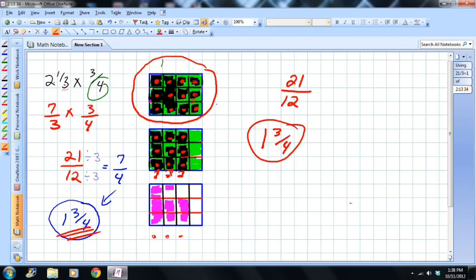And once you shade, you look at the overlapping sections, or the sections where you have more than one color in one block. And the total number of overlapping sections that you have divided by the total number of units in one rectangle is what represents the product of your 2 fractions.